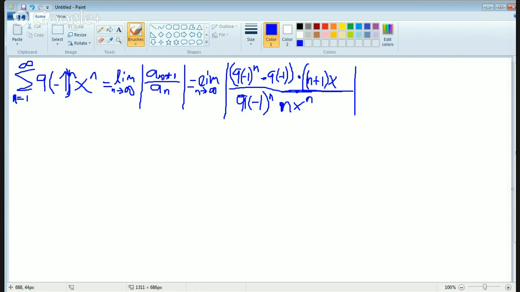So, the top is an plus 1. I'm sorry for the confusion. And the bottom is just an.